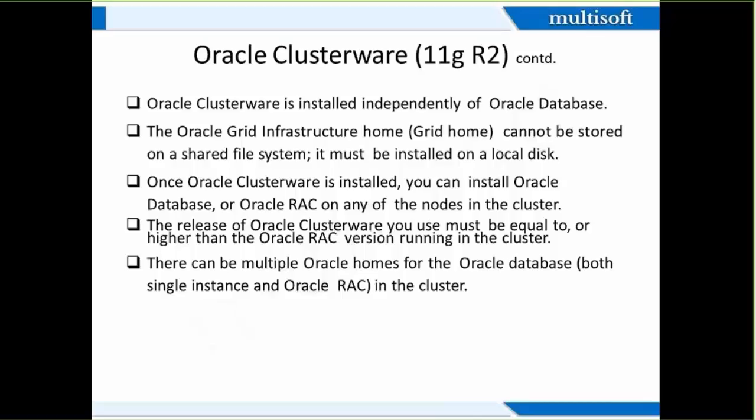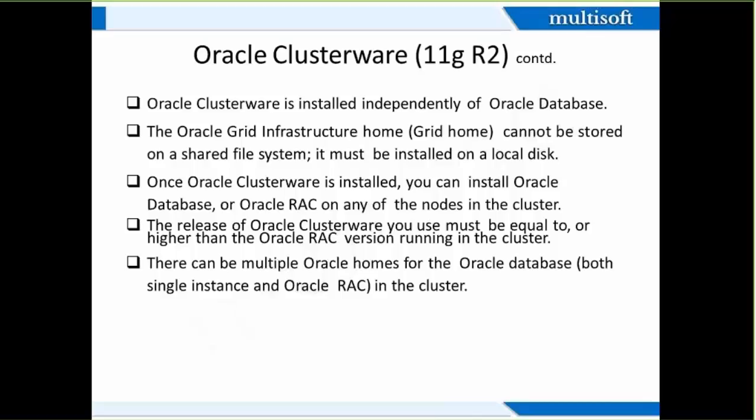So there are two things: one is grid home, another is Oracle home. Both homes are not preferred to be put on shared storage. Both software should be installed on local storage. Suppose there are 3 nodes or 3 servers in your cluster, then all 3 have their own independent home directory.